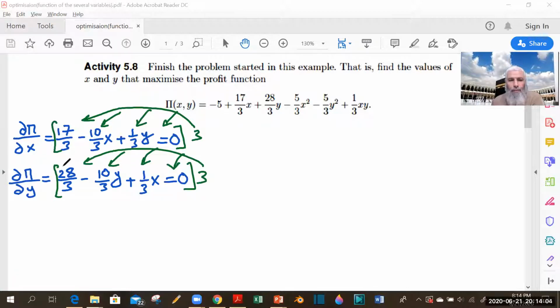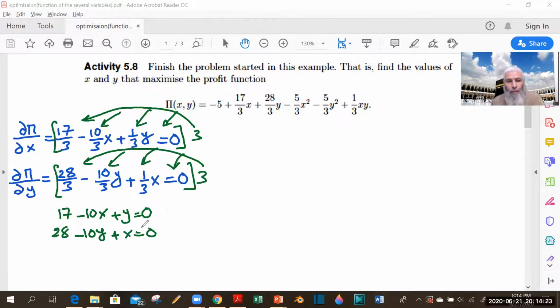So we have 17 minus 10x plus y equals 0. And this one, 28 minus 10y plus x equals 0, right?